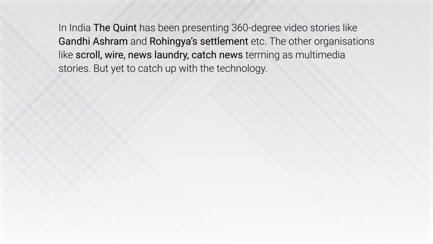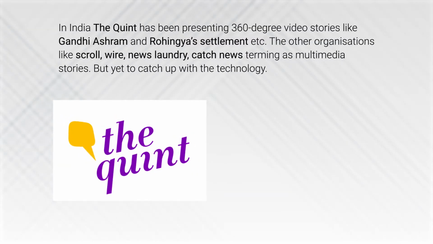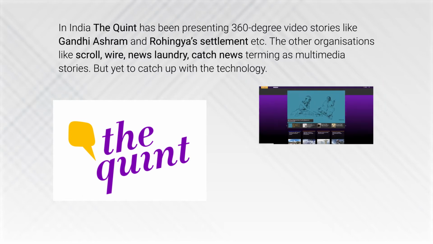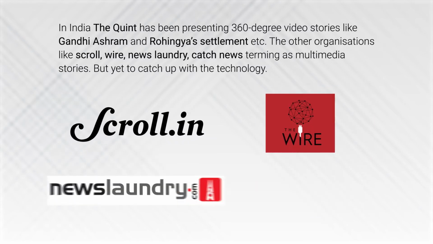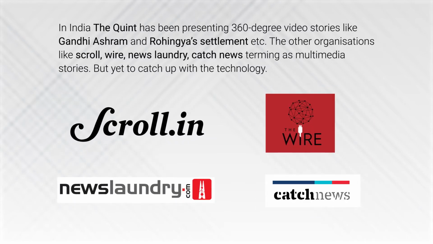In India, The Quint has been presenting 360-degree video stories like Gandhi Ashram and Rohingya settlement and others. Other organizations like Scroll, The Wire, News Laundry, and Catch News are teaming up on multimedia stories, but are yet to catch up with the technology.